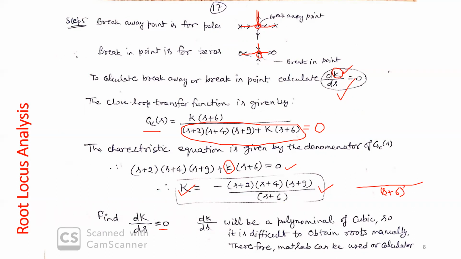Then you keep your denominator as it is, s plus 6, and you take the derivative of your numerator, and then minus, the numerator as it is, and you take the derivative of your denominator.